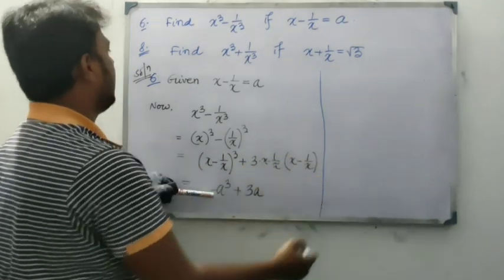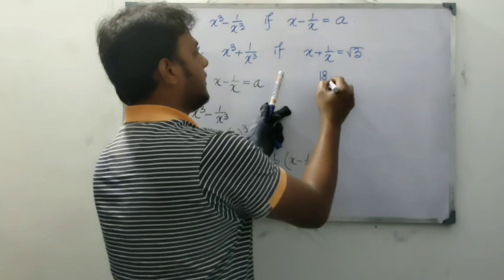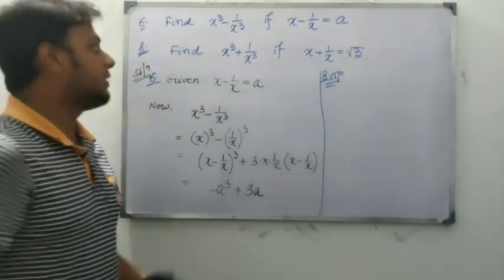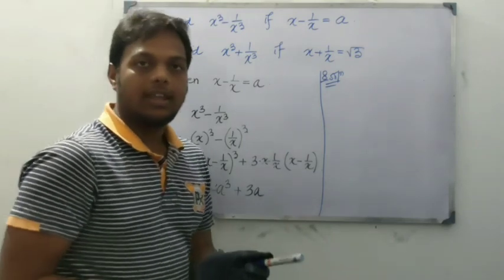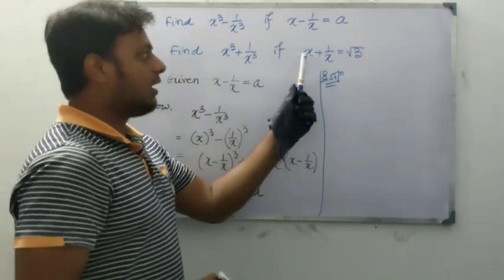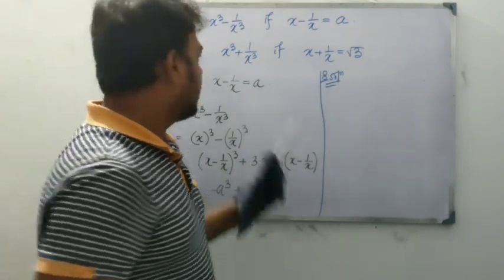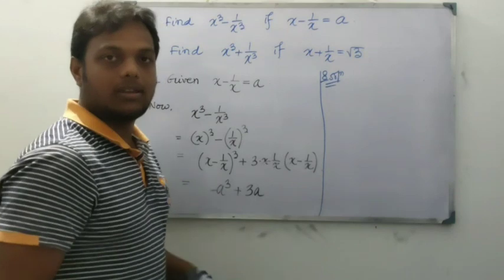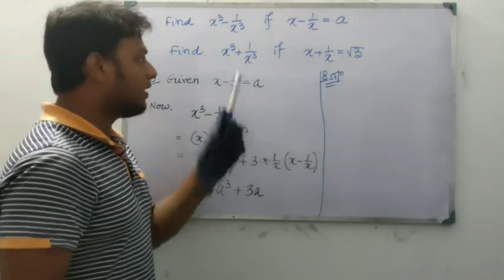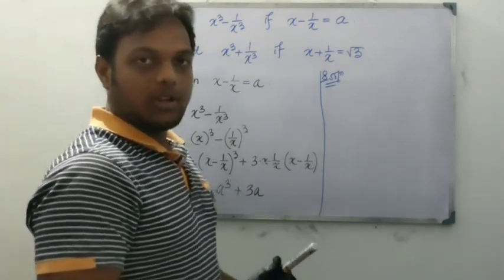Problem number 8. In problem number 8, it is given that x plus 1 by x, and you have to compute x cube plus 1 by x cube. So if we take x as a and 1 by x as b, then a plus b is given, and you have to compute a cube plus b cube. So we need here the identity for a cube plus b cube.